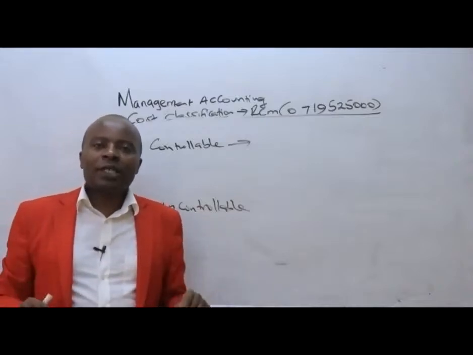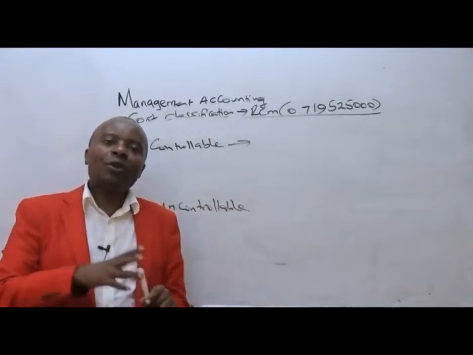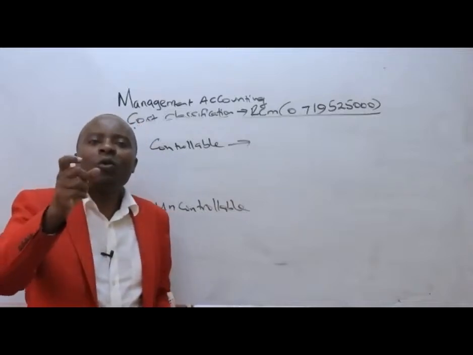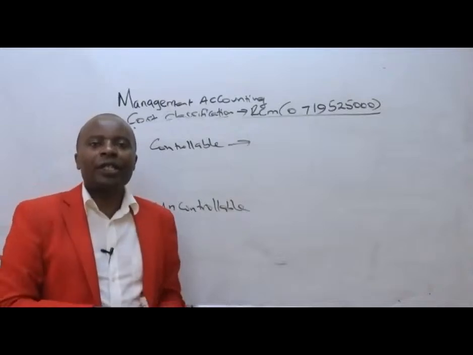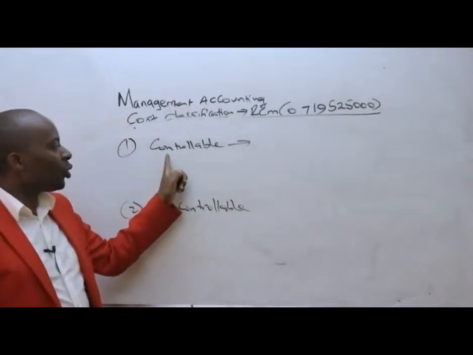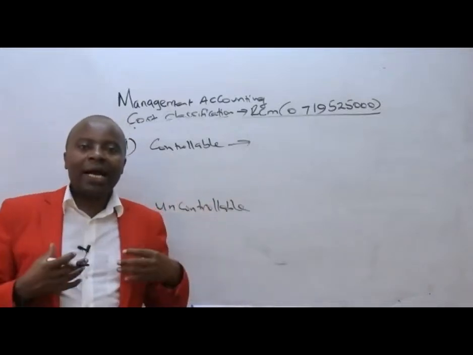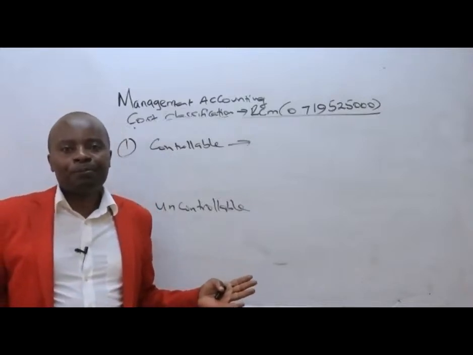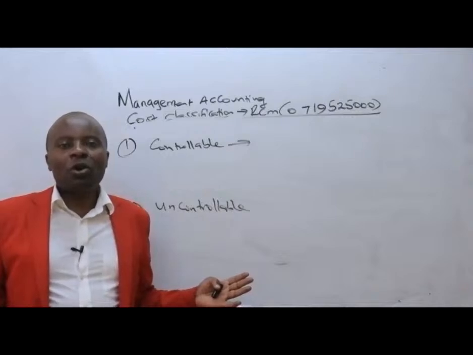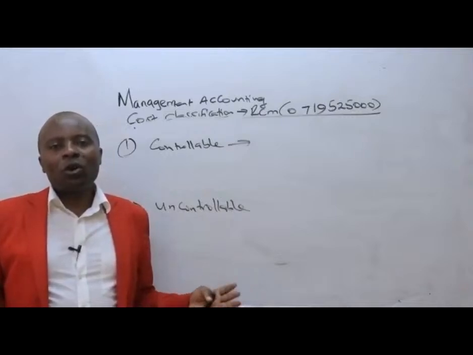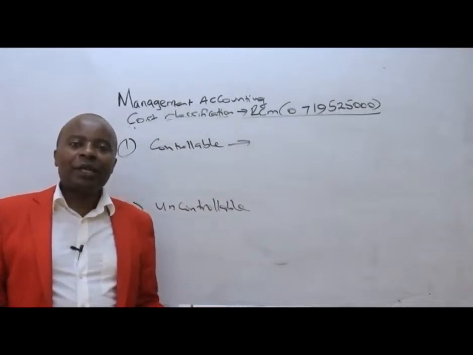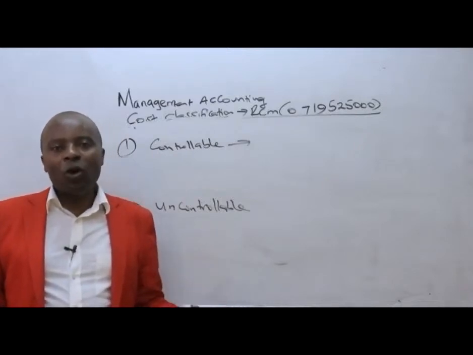There are those costs that, if we say we are going to squeeze them, reduce them, or even make them zero, we don't incur them. Such costs will be called controllable, because it is us to determine whether they will be incurred or not. Controllable costs are at the arm's length of the management. So it is the management that is going to decide whether they will be incurred or not incurred.